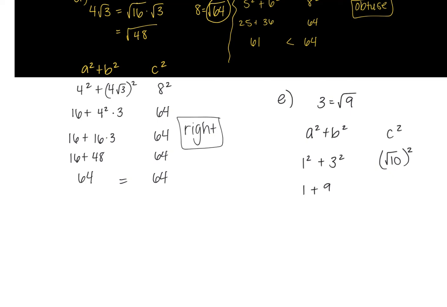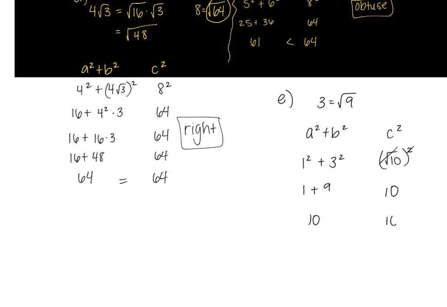And the square root of 10 squared is what? Nope. 100? Nope. What happens when you square the square root? They cancel. So it's just 10.